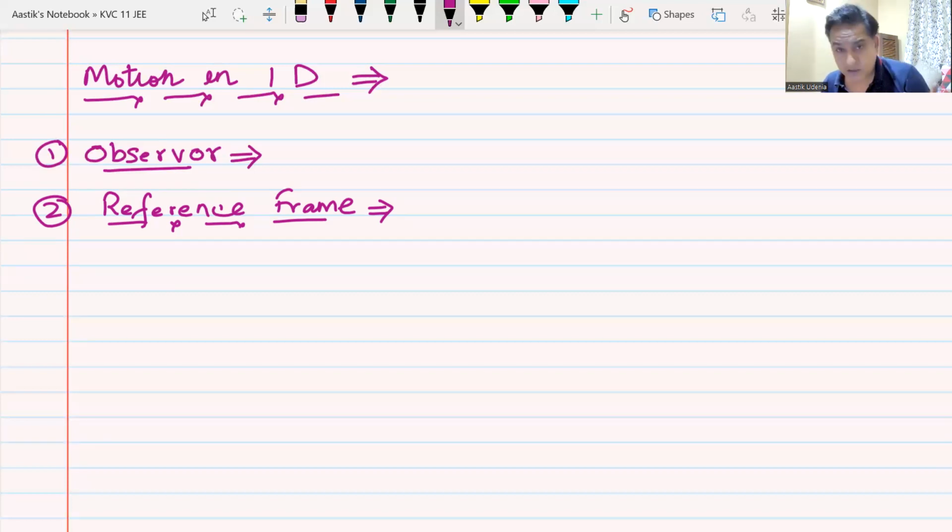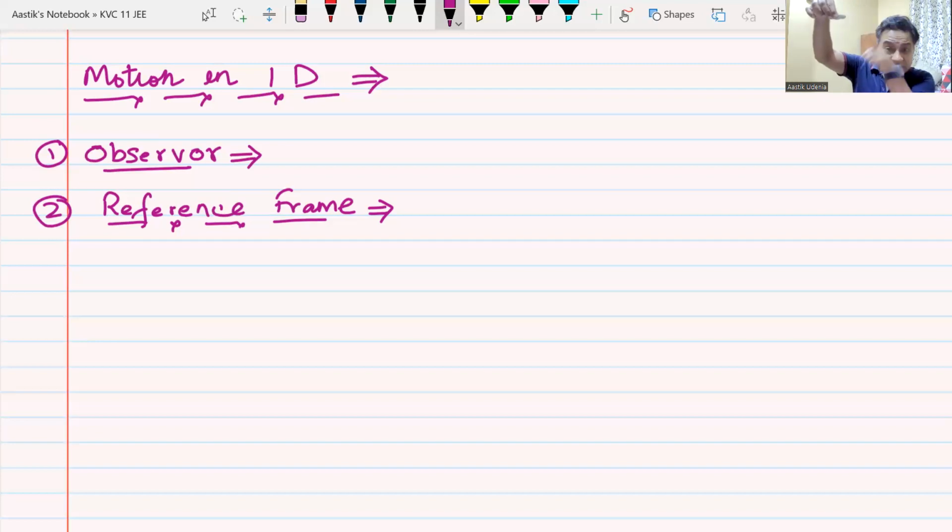Observer, reference frame. Now, whenever you are observing something with respect to a reference frame, if you want to see, you'll have to take some reference. So you have to take some point which you can call as zero. Yes or no? Otherwise, how will you say where? For example, I am the observer, and this is an object that I am observing. Where do I say this point is?